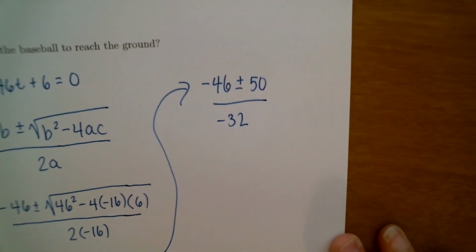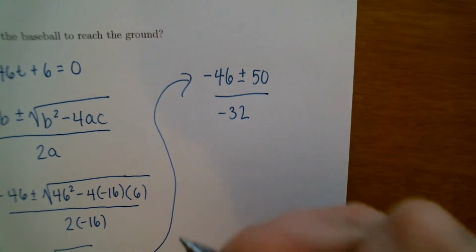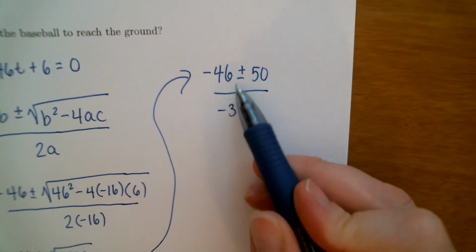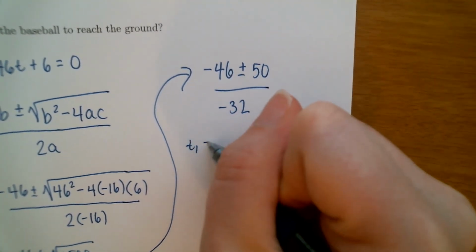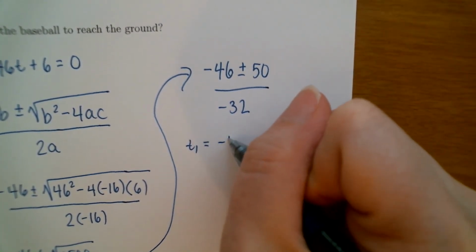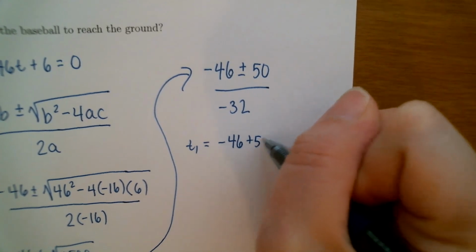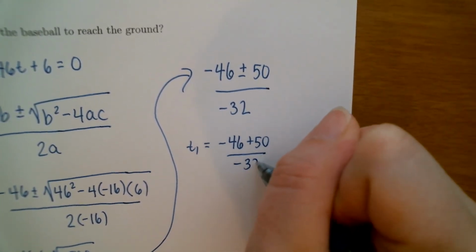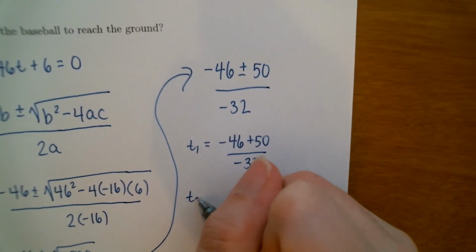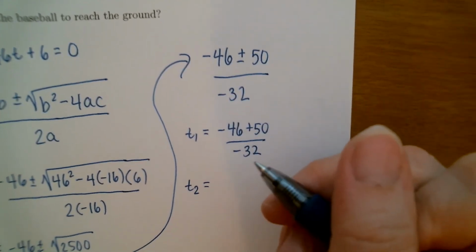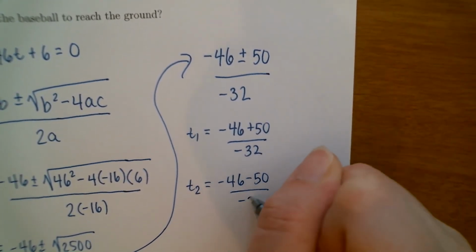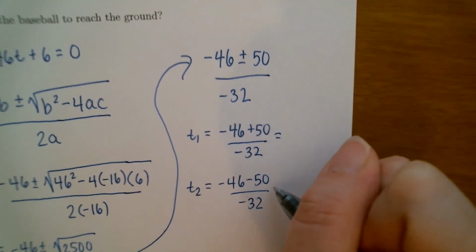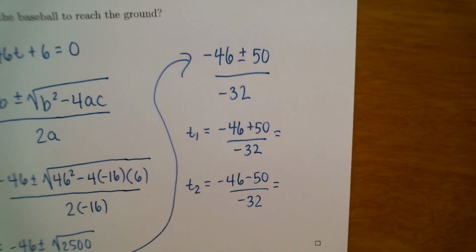Now we can write out our solutions. There are actually 2 time values that you should get here, one for the plus, one for the minus. So the first time value is negative 46 plus 50 divided by negative 32. And the other time value is negative 46 minus 50 over negative 32. I'm going to pop both of these in the calculator to see what I get.